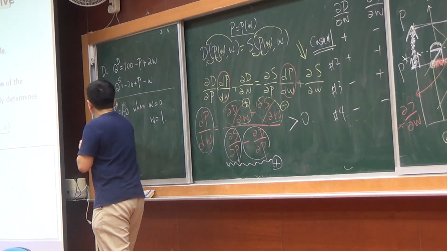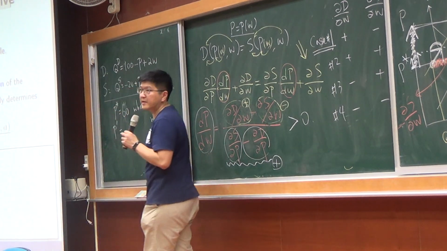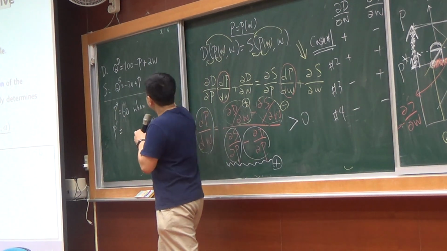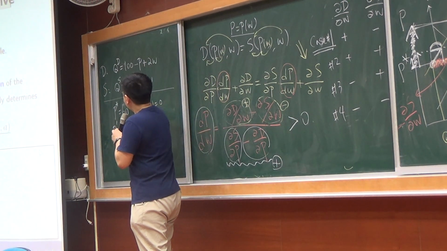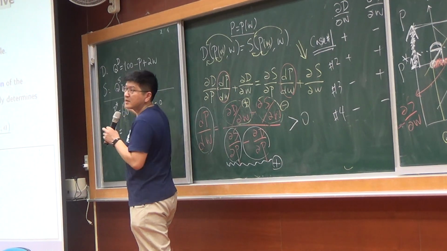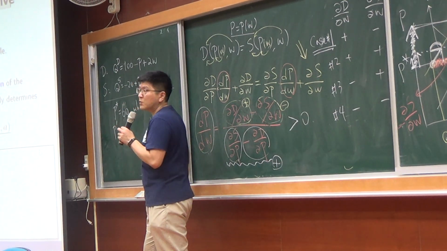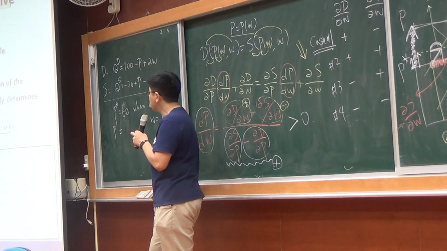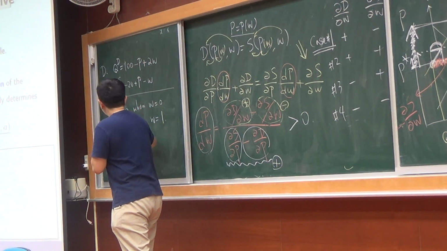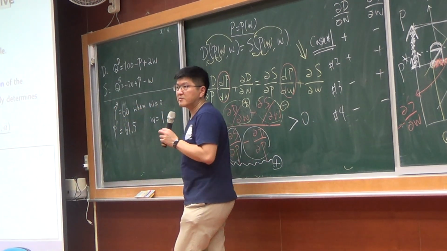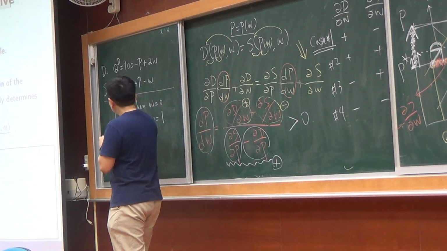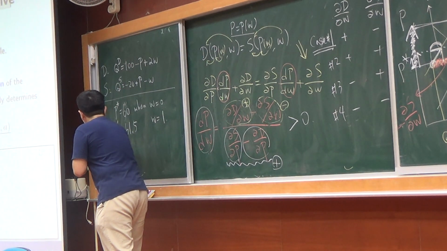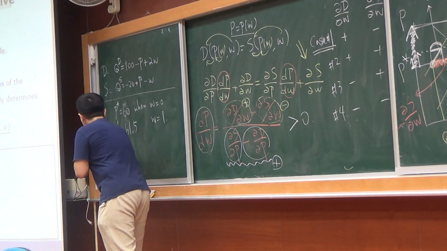What would be the new equilibrium price? It would be 123 divided by 2, so it would be 61.5. Is that right? Alright, so the change in P would be 1.5, which is dP dW.